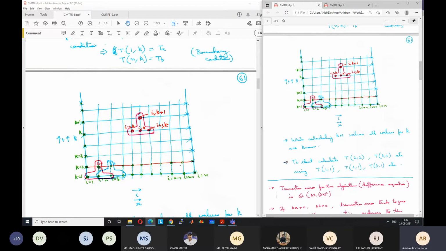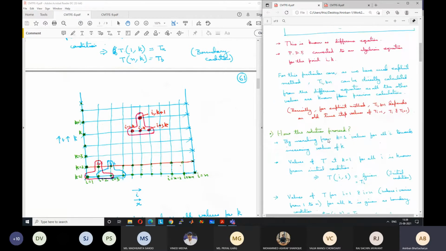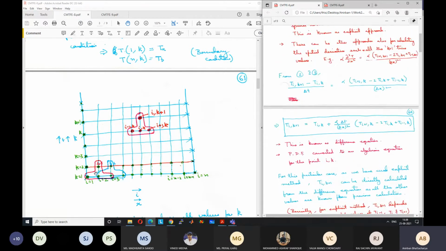For the next time step, we can find the value using the equation that we derived. For each point, we need three values which are already known. Like this, we can find the temperature at the k equal to 2 time step for all the grid points I going from 2 to n minus 1.